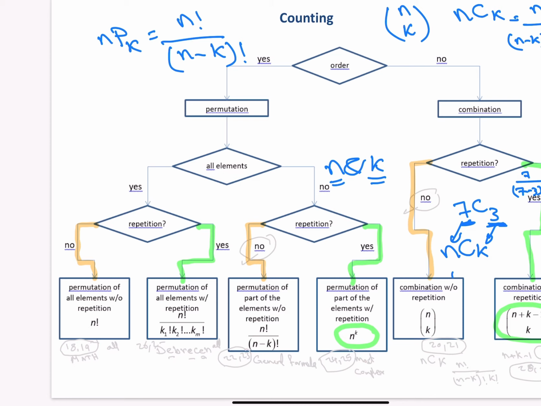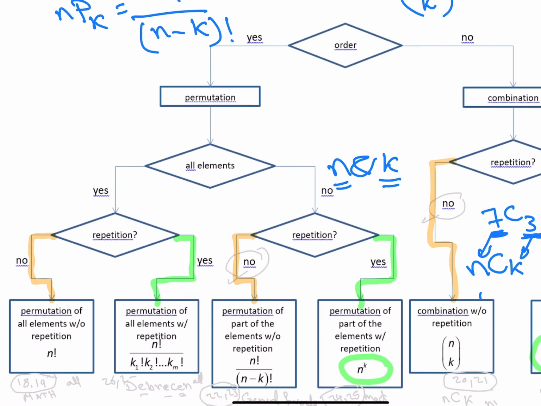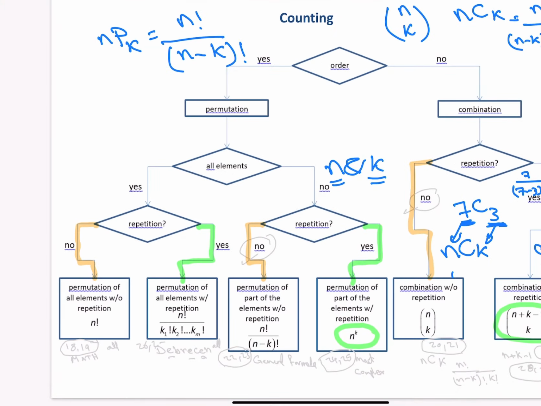It will be 9C3. It will not be 7. If there is a repetition, it will be 9C3.